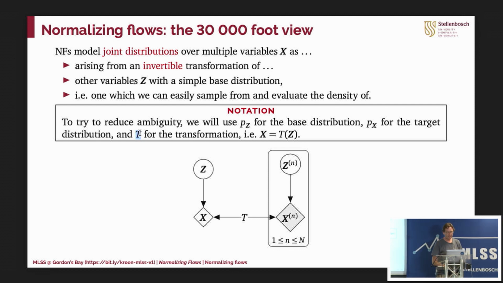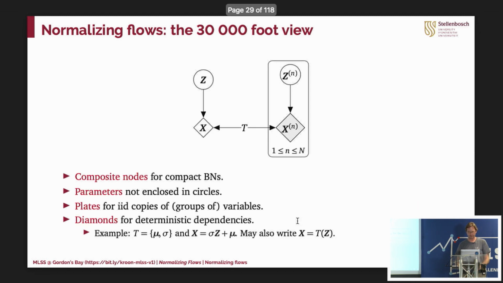Now, below this, I've got a Bayes network diagram. I'm going to explain a little bit about this, because some of it will come up with the VAE stuff tomorrow again. This is just to illustrate what's going on.